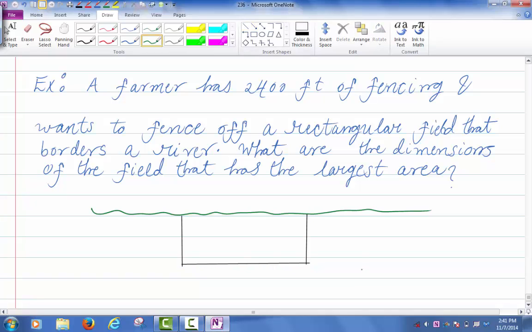And so let's say the dimensions of the field are X and Y. Okay. On the side, he doesn't need to fence off the side that is facing the river. Okay. And the enclosed area, let's denote that by A. So you need to denote the quantity that you are trying to maximize or minimize.